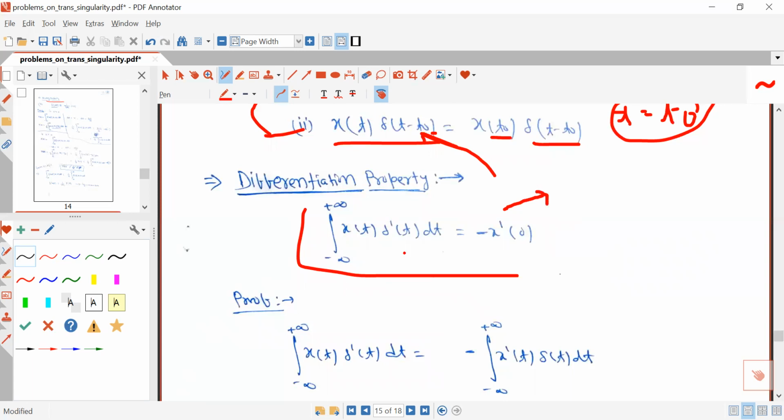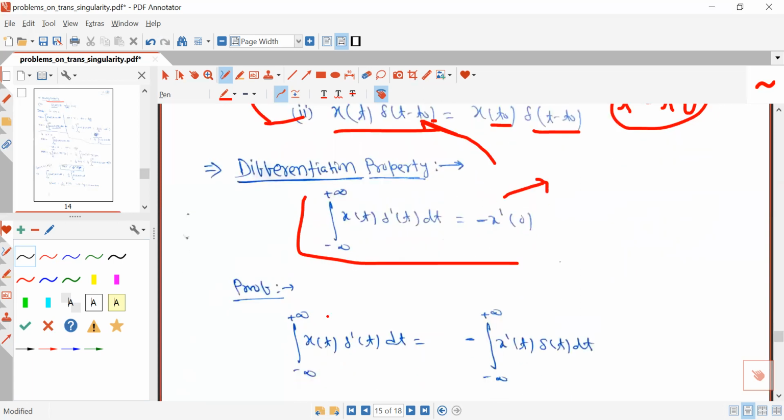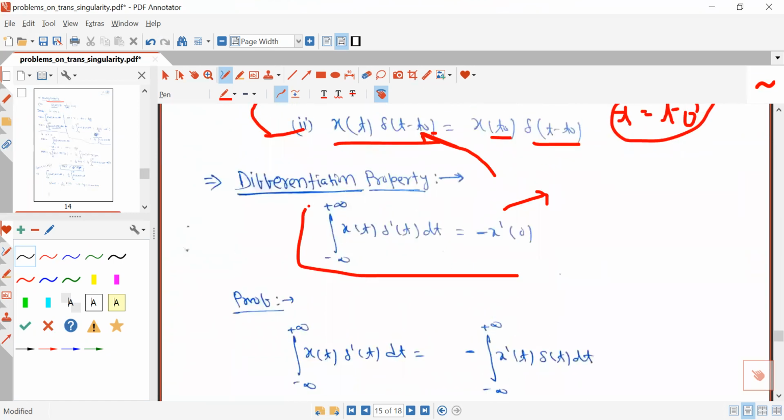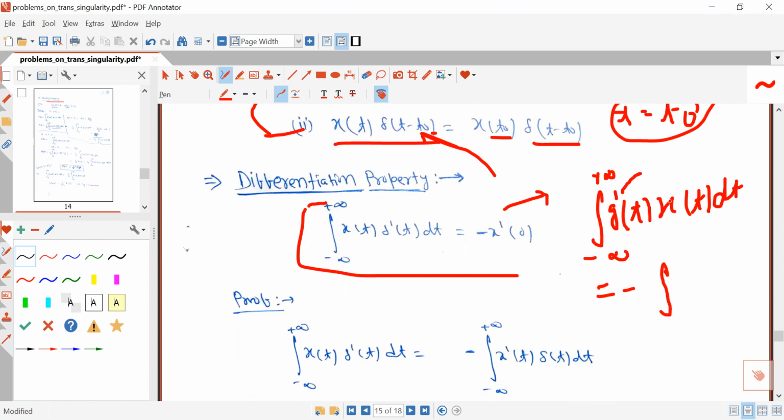You can easily derive this differential property by using the method which is suggested here. In the previous lecture I discussed the integration of the product of the differential of a generalized function with any test signal: it will be equal to minus of this differential shifted to the test signal.